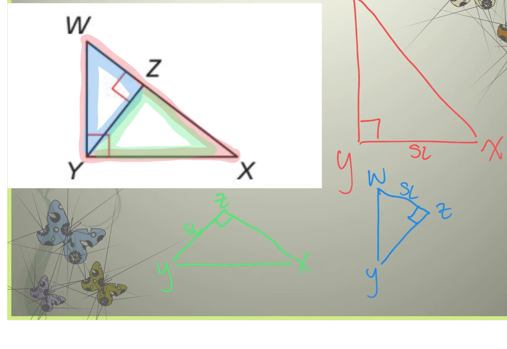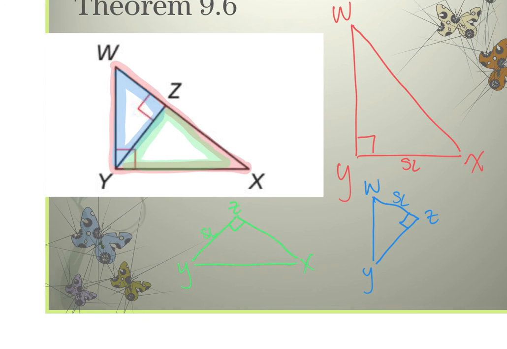Let's do the long leg, LL. What's the long leg of the red triangle? Emma? WX. No, that's the hypotenuse. I mean WY. Good, WY. So long leg, double L. What's the long leg of the blue triangle? Gabby?